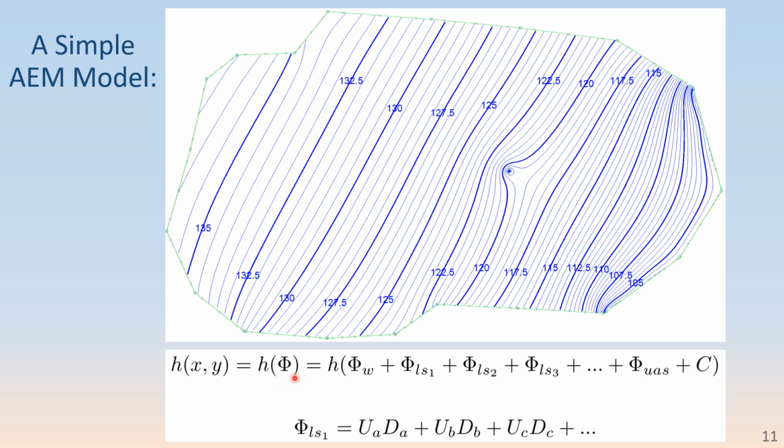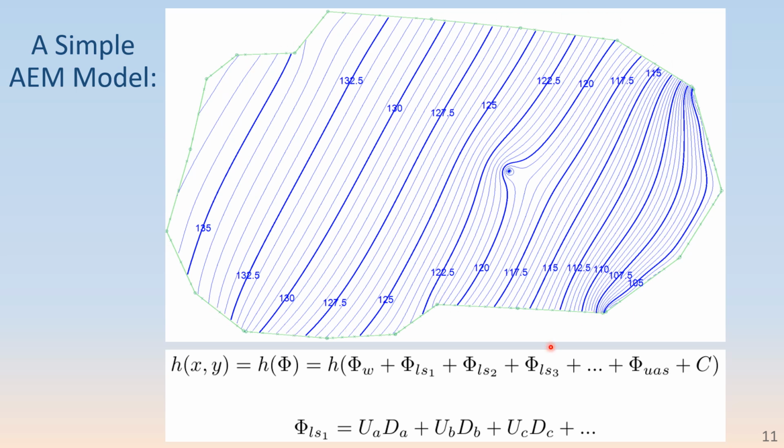The aquifer discharge potential function is a sum of contributions from a well, this one, which has known discharge. We've specified that, so there's nothing unknown about that term. And contributions from each of the line sink elements that form the outermost boundary.